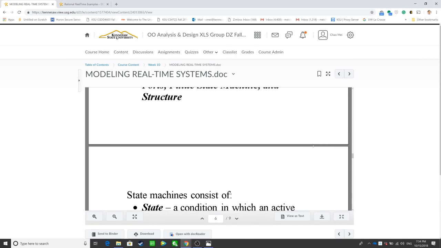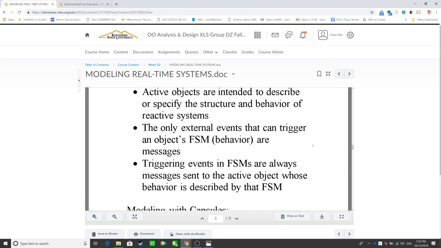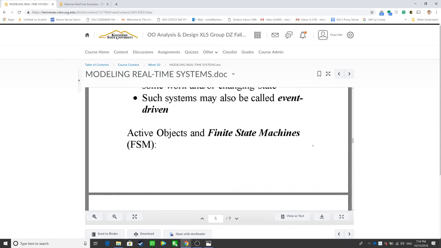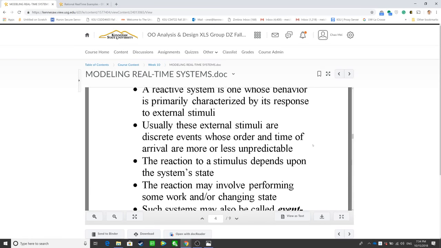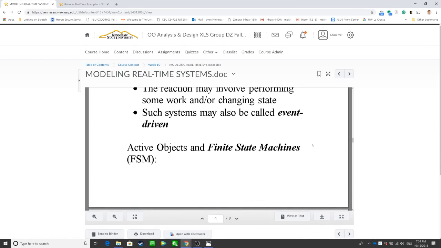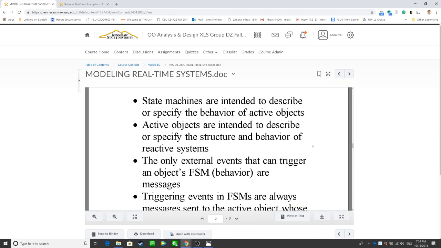State diagram, I see here. So state machines intend to describe and specify behavior, like transitions from one state to another.